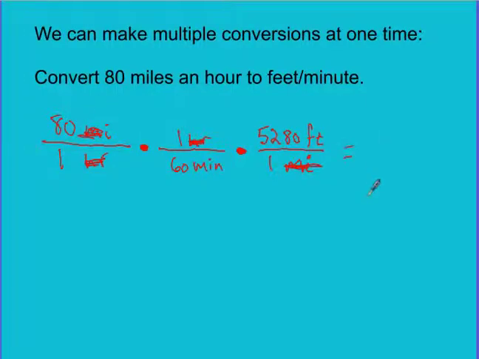So 80 times 5,280. No, I read it wrong. I thought it had two zeros. 422,400. Over 60. Oh, that's feet over 60 minutes.